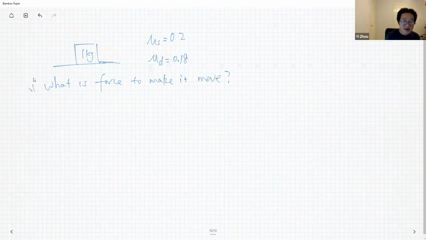And then what is the force to keep it moving? So anyone? If you apply a force this way.